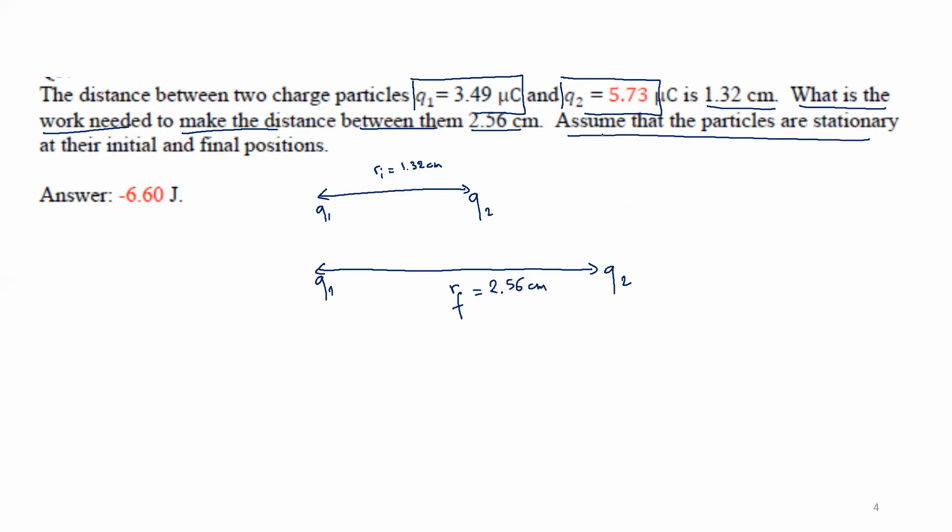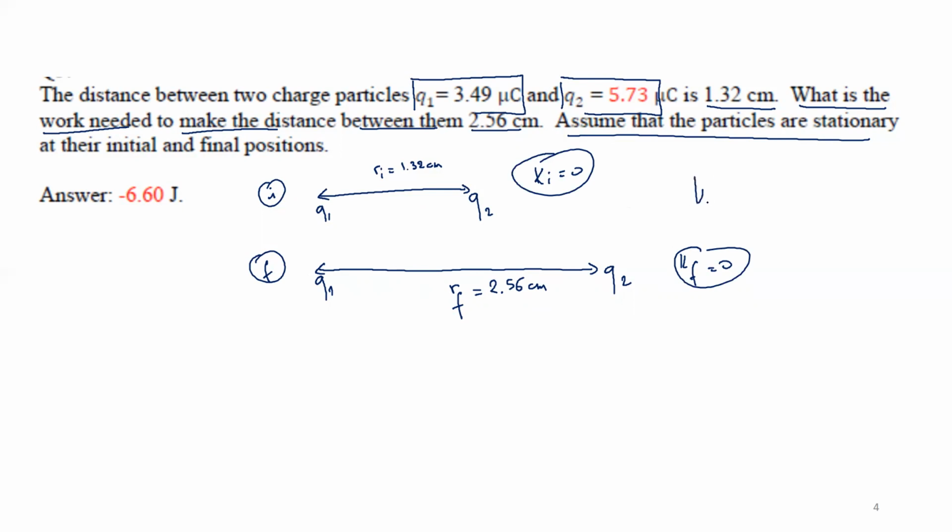So this is my initial situation, and this is my final configuration. Of course, kinetic energy initial is 0 because it's said here, and kinetic energy final is 0. The particles are static at the beginning and at the end.